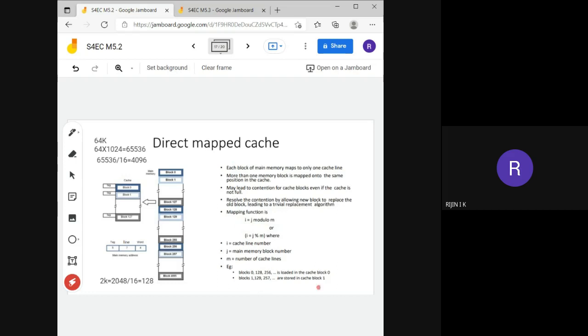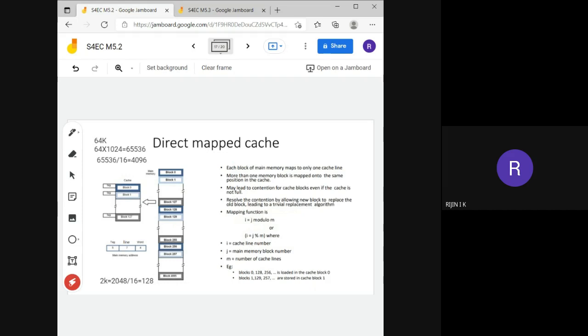Similarly, cache block 1 holds block 1, block 129, and block 257. These are stored in cache block 1. For calculating the cache line, we use this mathematical equation: i = j modulo m. This is the equation.